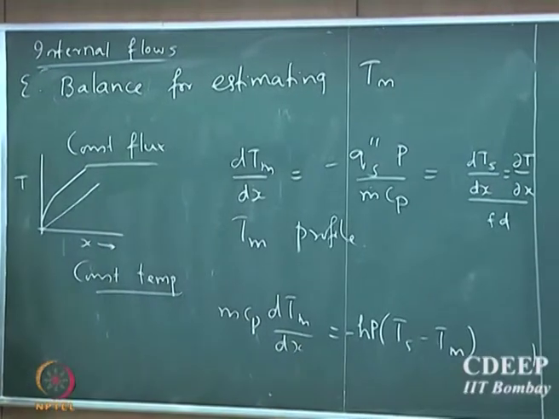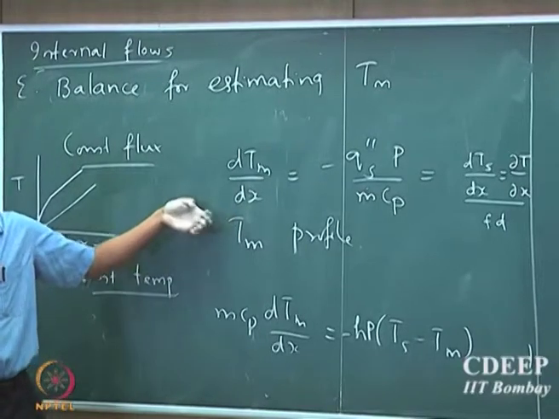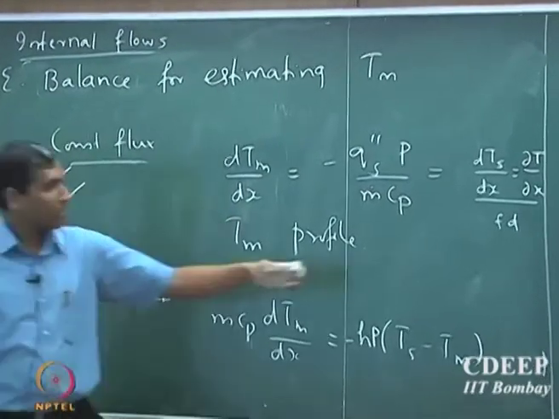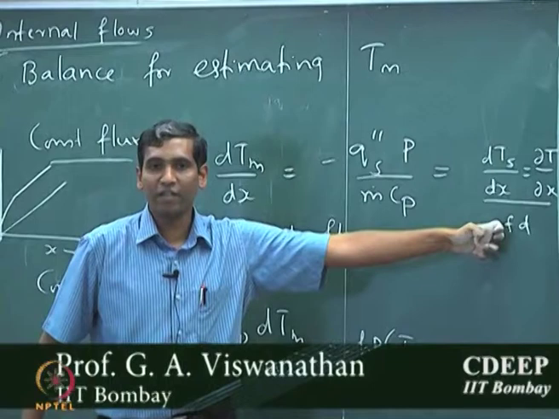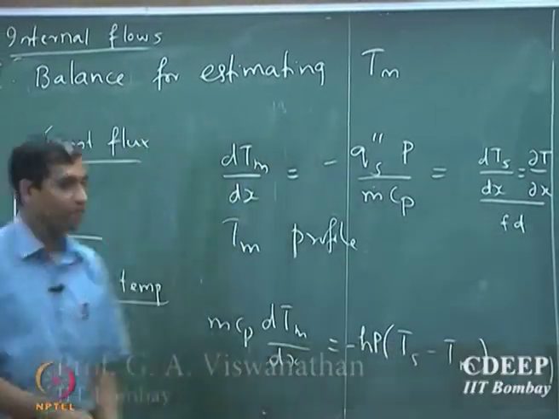So remember the derivatives we took a short while ago. There we clearly showed that for a constant flux case, the gradient of the mixing cup temperature is equal to the gradient of the surface temperature and the local temperature in the fully developed regime.